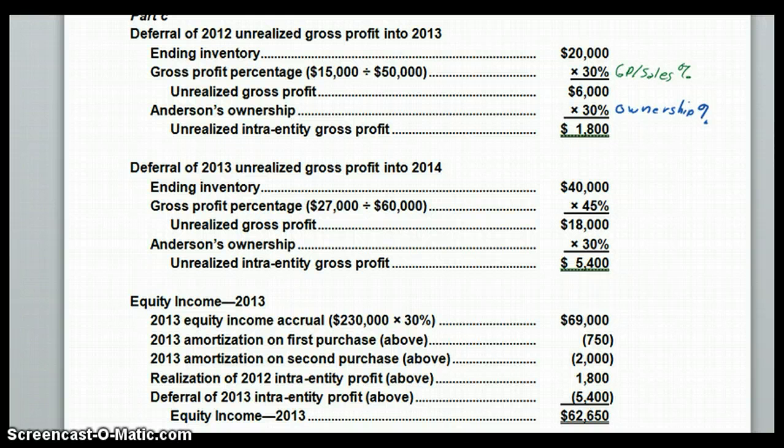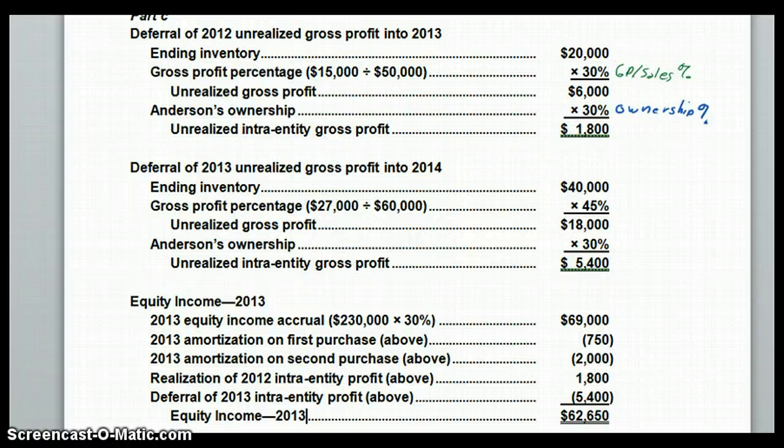Each unit sold to Behringer had a 30% gross profit percentage. That's $6,000 in gross profit that Andersen sold to Behringer that hasn't been sold outside these two companies to a third party. Now, this is just a coincidence, but Andersen's ownership in Behringer is 30%. So there's $6,000 intercompany profit, and Andersen owns 30% of Behringer.